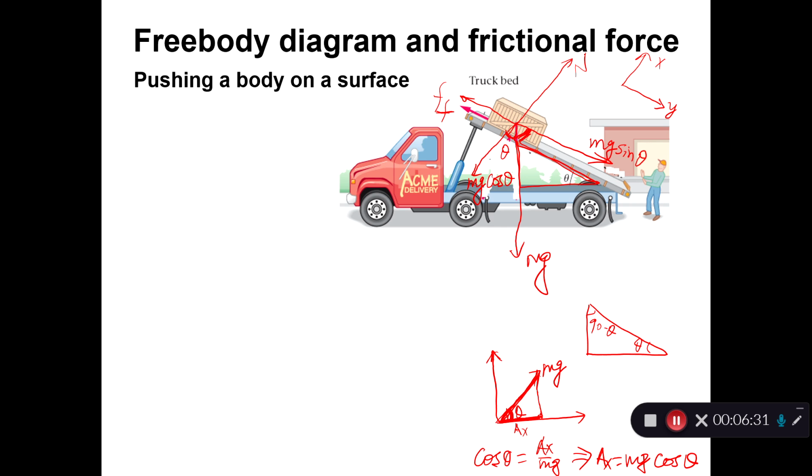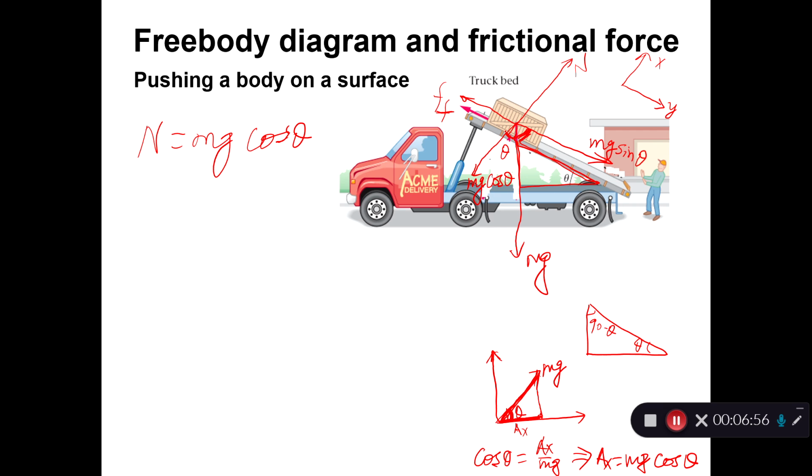Along the direction perpendicular to the inclined plane, there is no motion, so the normal force and this component should be equal and opposite. So N should be equal to mg cos theta, which means their sum is equal to 0 and there is no relative motion. But along this direction there is relative motion.